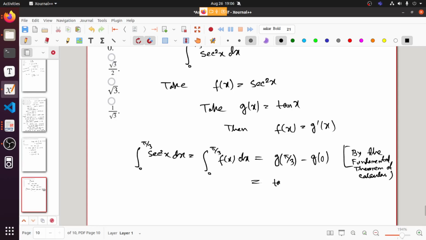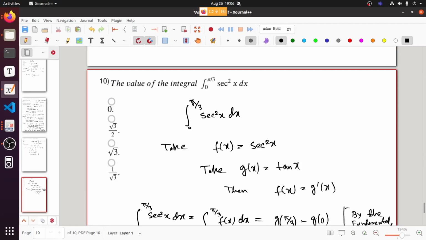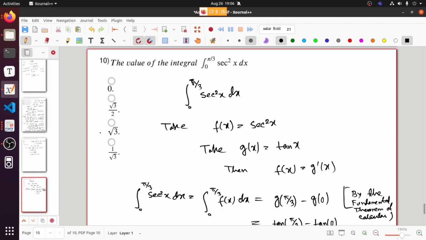This is tan pi by 3 minus tan 0, right? What is tan pi by 3? It's root 3. And tan 0 is 0, so overall the answer is root 3, right? So which option is correct? Option number 3 is correct.